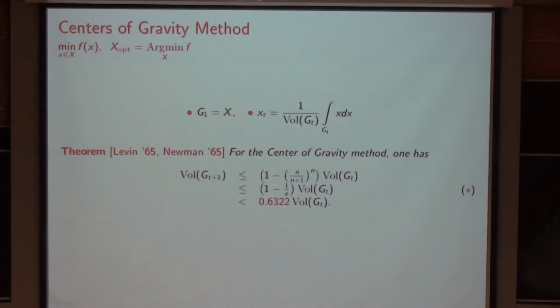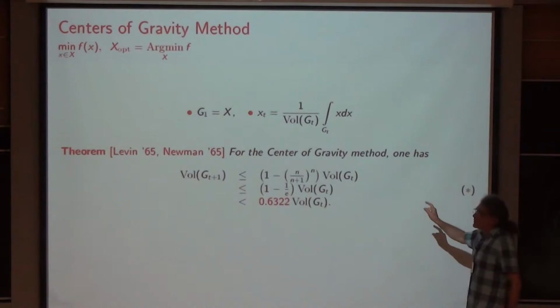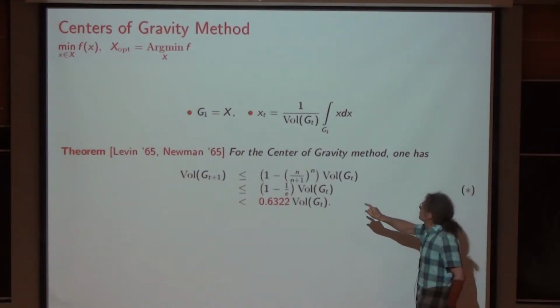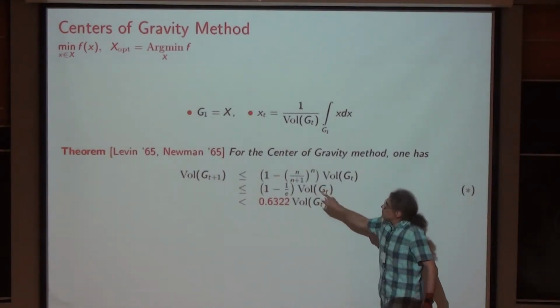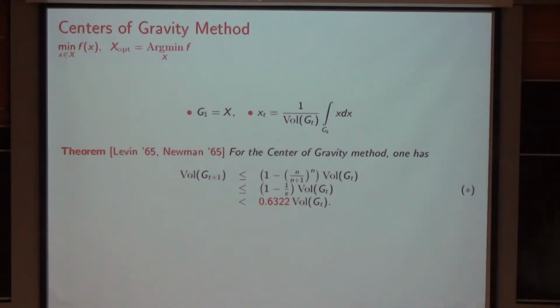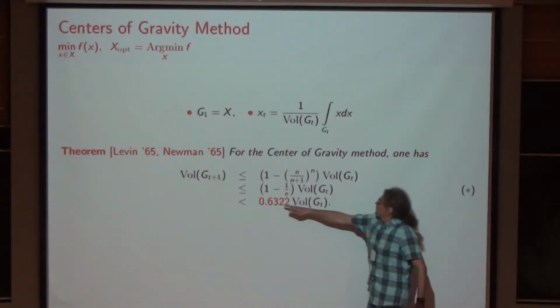And there is a very nice result, due to Levin in the USSR and Newman in the US, which says the following, and this is a very nice result of convex geometry. Each time we do the cuts, we are guaranteed that the volume of the localizer will converge very fast, linearly with this ratio.